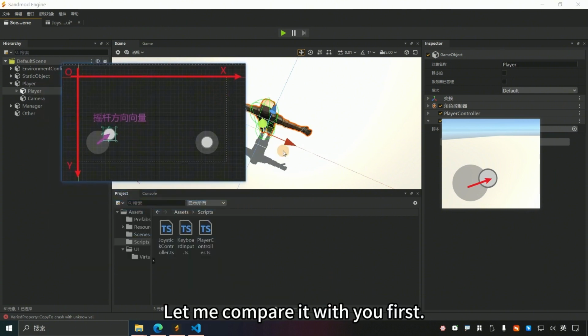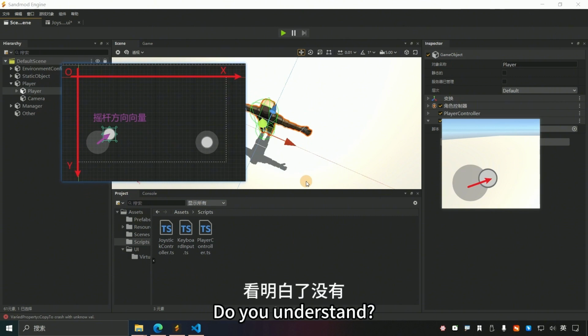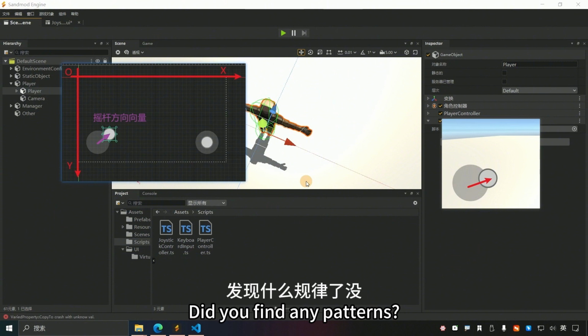Let me compare it with you first. Do you understand? Did you find any patterns?